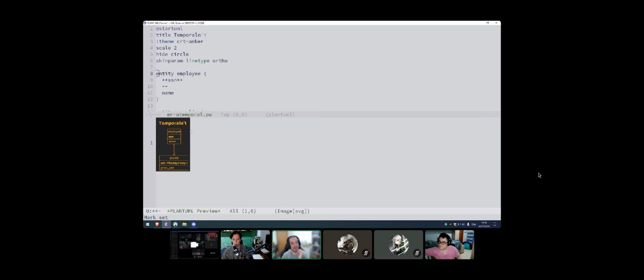What I'm modeling here is a relation to store employee data. In this case, just the social security number and the name, and what his payment is for the current month, let's say.